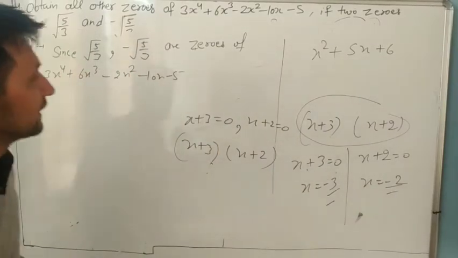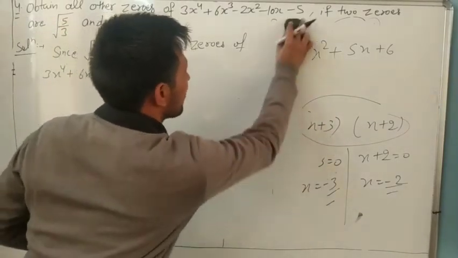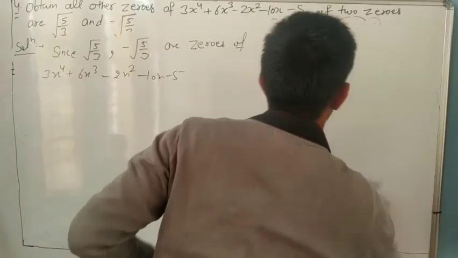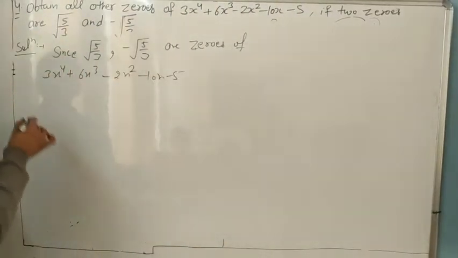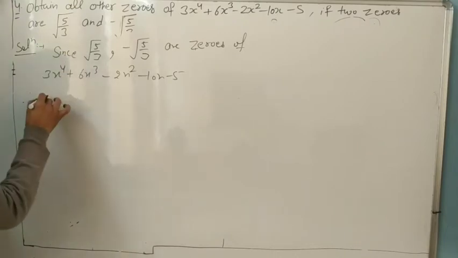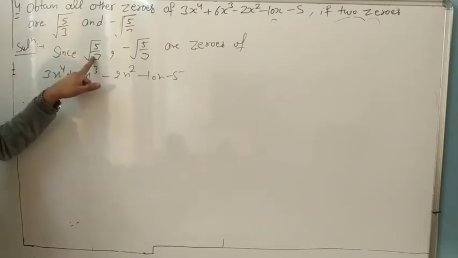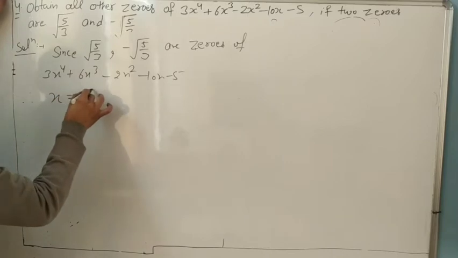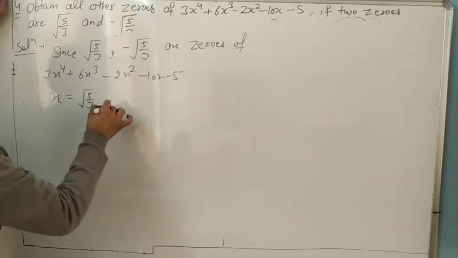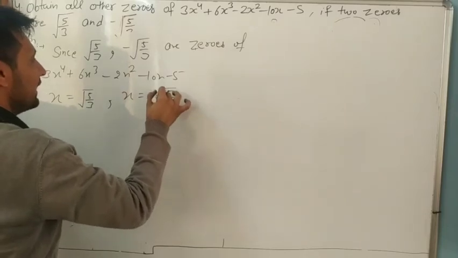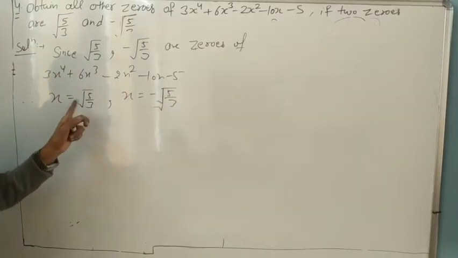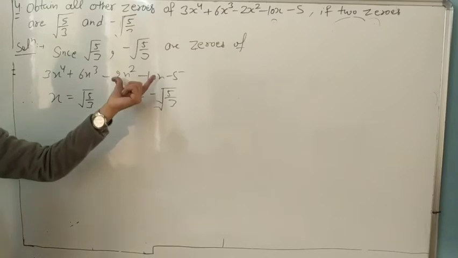So therefore, same as it is, you can write. So we will write, are the zeros of this one. So therefore, x equal to root 5 by 3 and x equal to minus root 5 by 3, both are zeros or not. It means if we put them in place of x there, the answer becomes 0.